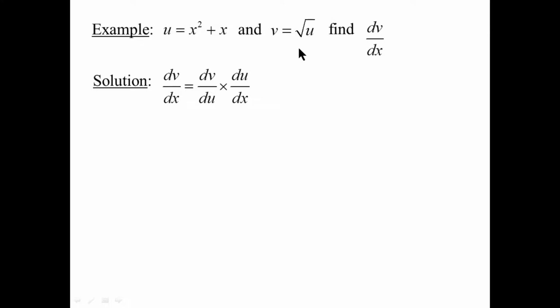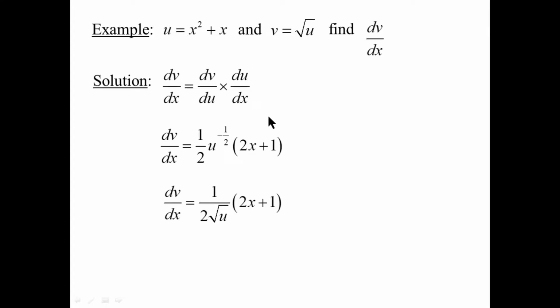It's just 1/2 u to the minus 1/2 times du by dx, which is 2x plus 1. And we see that on the bottom here we've got a 2, and u turns up on the bottom under a root sign. And the 2x plus 1 will go into the numerator, and u will become what it actually is, x squared plus x.